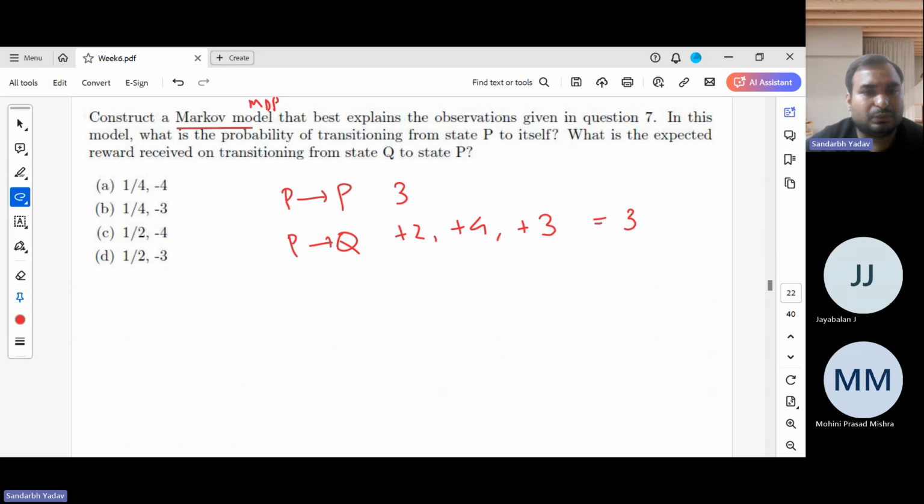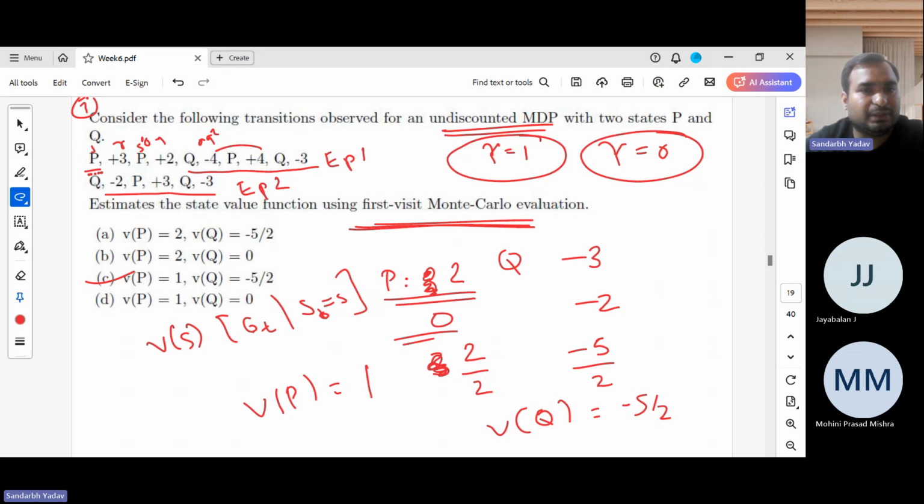Now what we need to do is Q to P. Let's see how many times we are moving from Q to P. So Q to P once, we got -4, and Q to P this time also, -2. So we are getting -4 and -2.